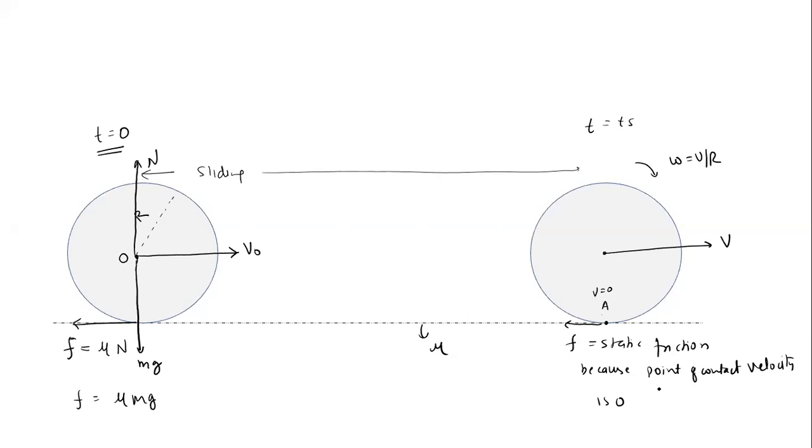Pure rolling means there is static friction acting on the body. If it is static friction, the point of contact velocity and the surface velocity should be zero. Therefore it is a static friction, and every time the point is changing, so there is no relative motion between the point of contact and the surface.